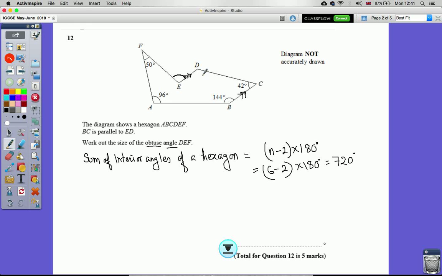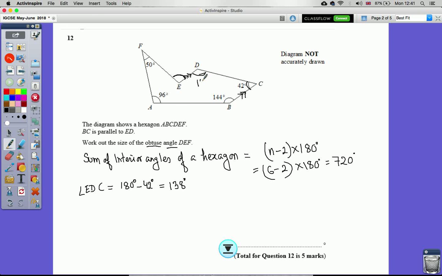We don't know the remaining 2 angles, but it's easy because DE and BC are parallel, so this angle 42 degrees and this angle are co-interior. Co-interior angles in parallel lines add up to 180 degrees. So angle EDC is 180 minus 42 degrees, which is 138 degrees.